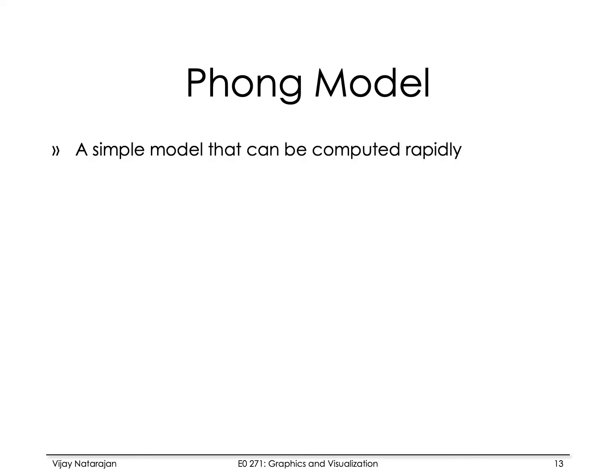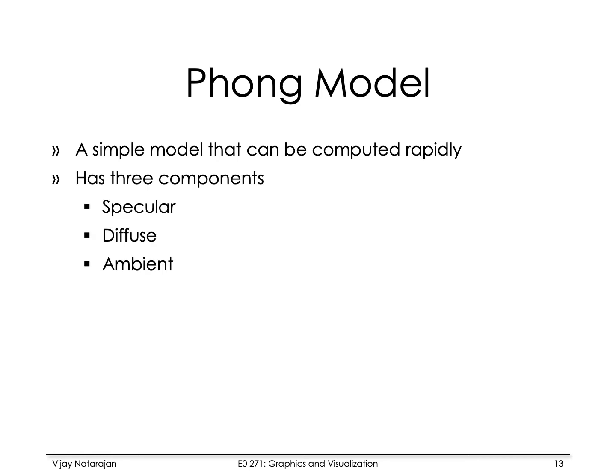The Phong model is a very simple model. The main idea is that it can be computed rapidly. It has three components: a specular component that considers perfect reflectors, a diffuse component, and an ambient component.